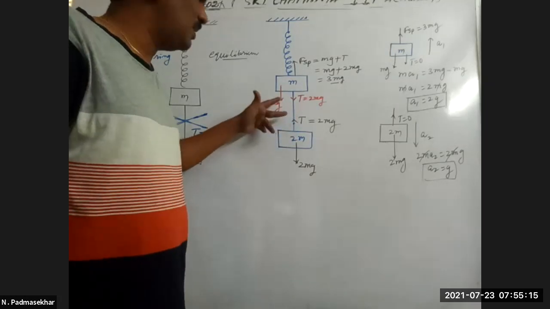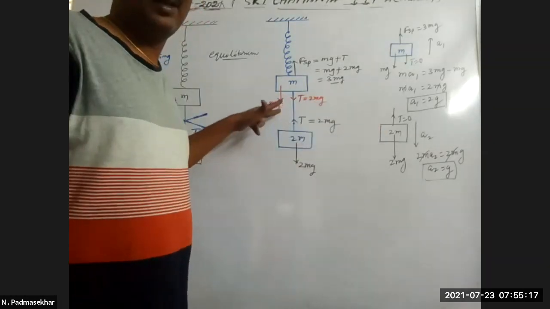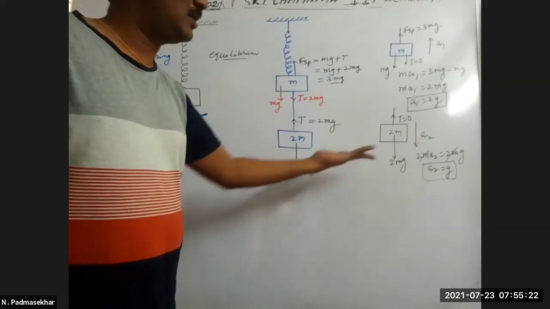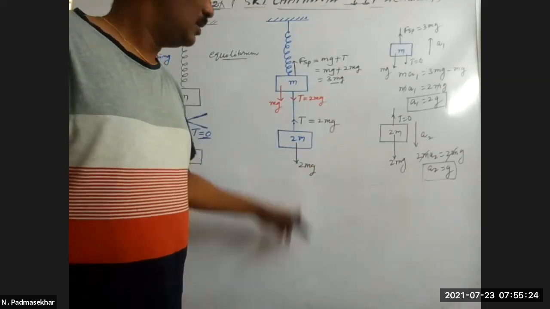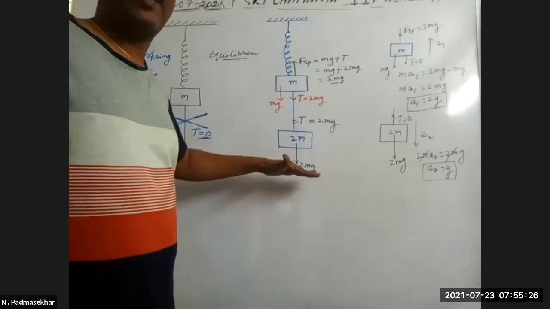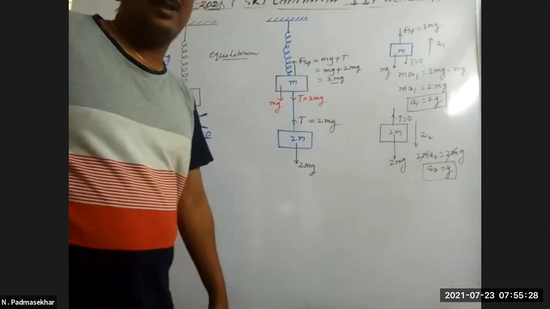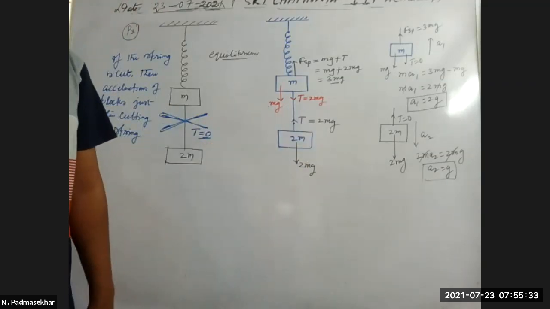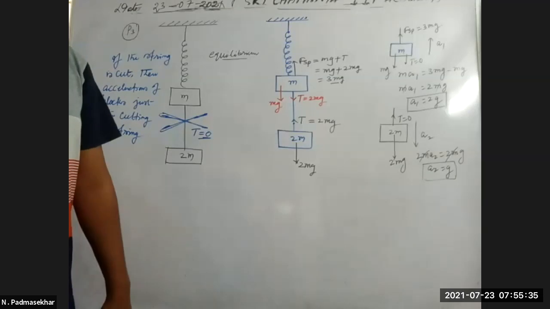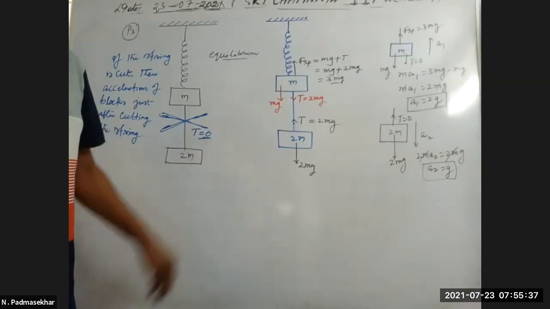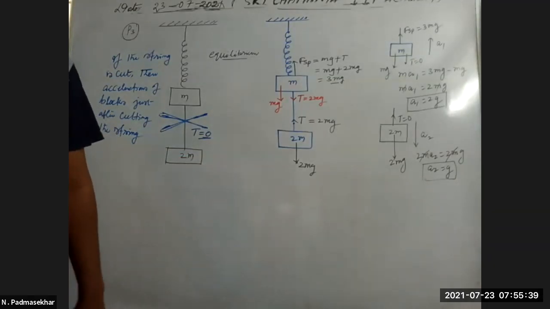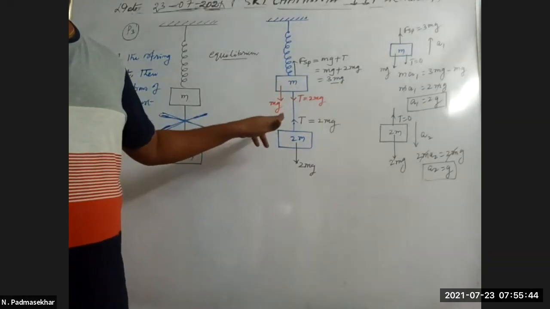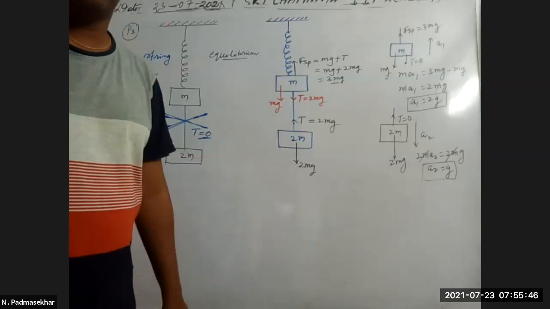And this is actually needed because, when it is cut, this behaves like a freely falling body, so just after it is cut, the acceleration is g. So a2 is equal to g, that is a1 is equal to 2g, a2 is equal to g. These are the accelerations of the system: acceleration of the first block and acceleration of the second block after the string is cut.